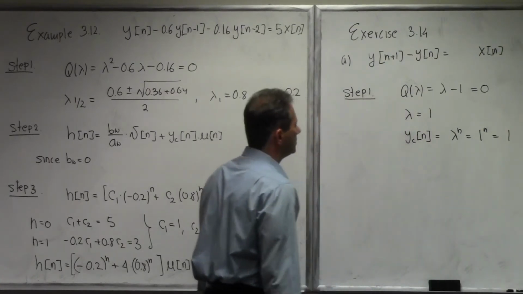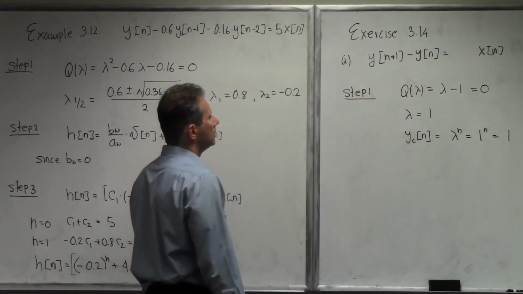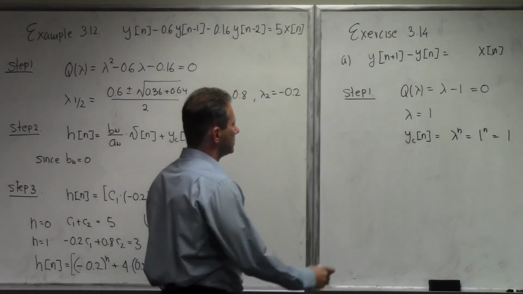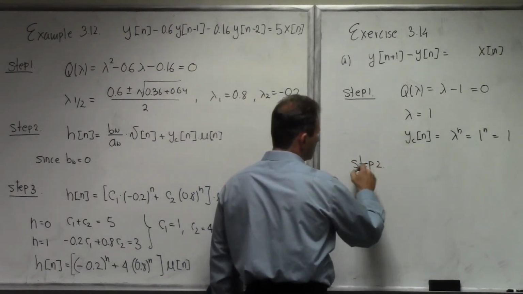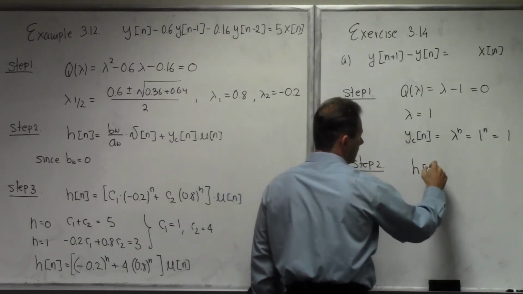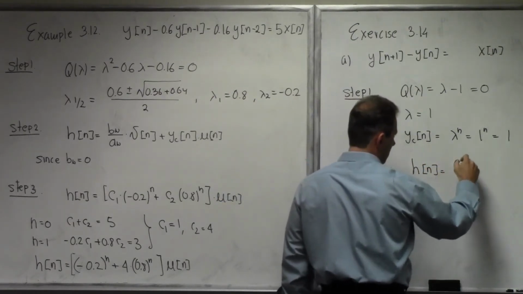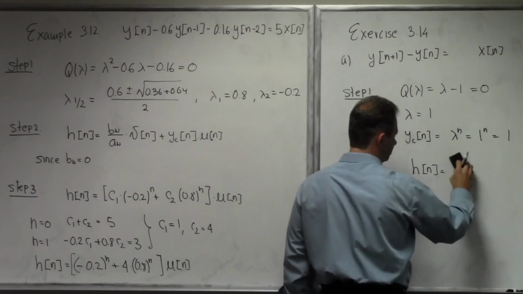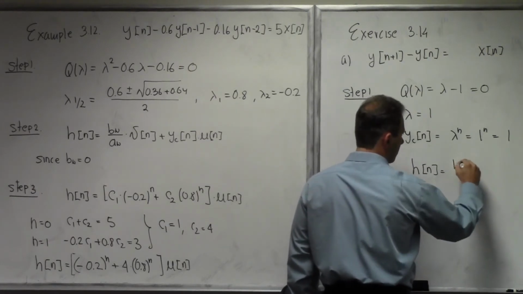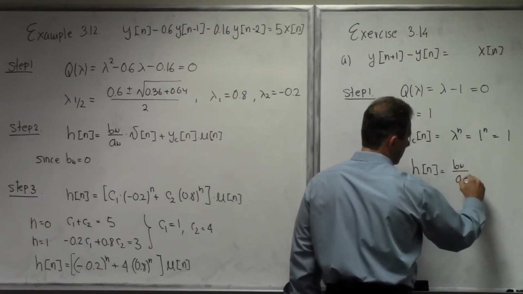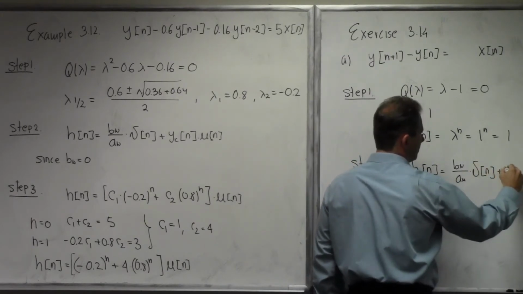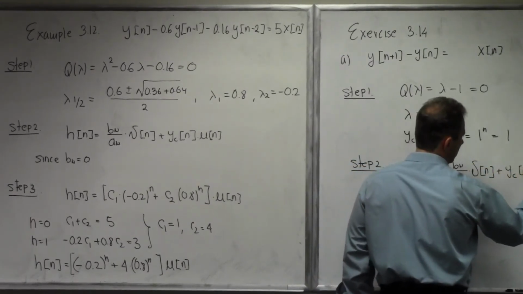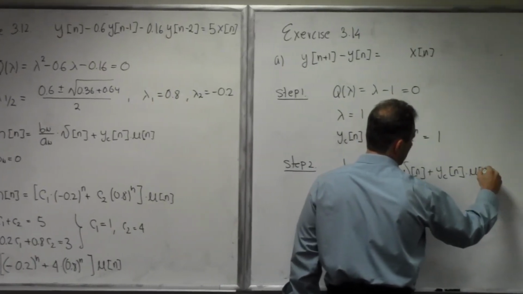Right, so this is your natural part of the impulse response. Step 2, I'm going to write out the impulse response. h of n is going to be V_N over A_N times delta of n plus y_c of n times u of n.